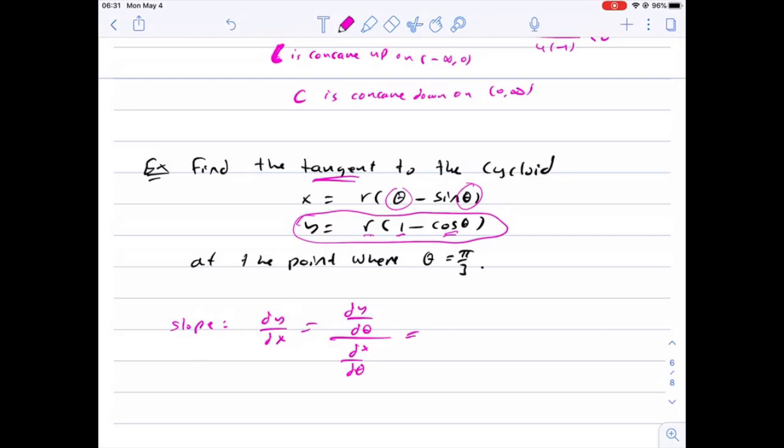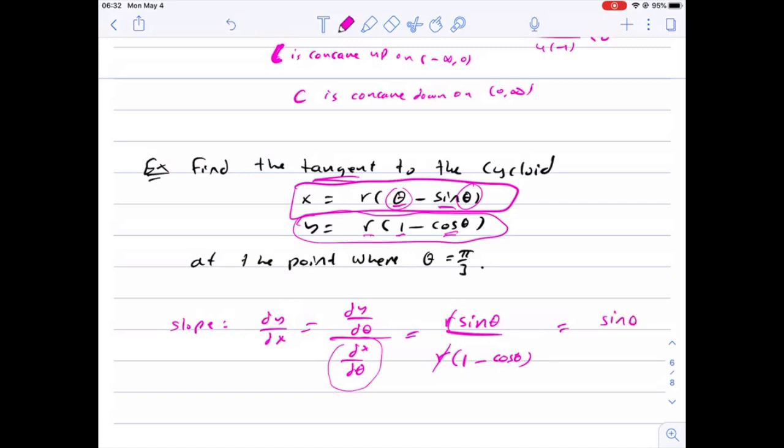So we have the derivative of y with respect to theta is r sine theta. Now, what is the derivative of x with respect to theta? The derivative of theta is 1. The derivative of sine is cosine, and this is multiplied by r. And then we can cancel r to get sine theta over 1 minus cosine theta.